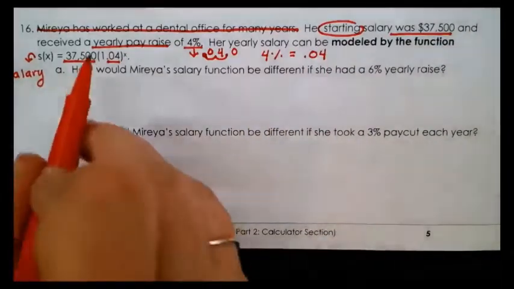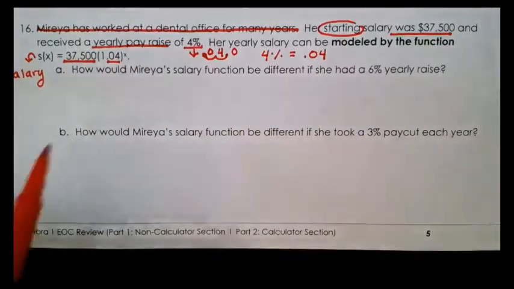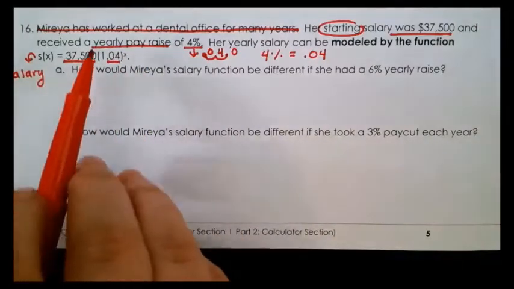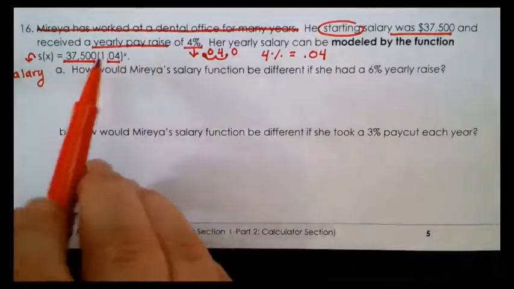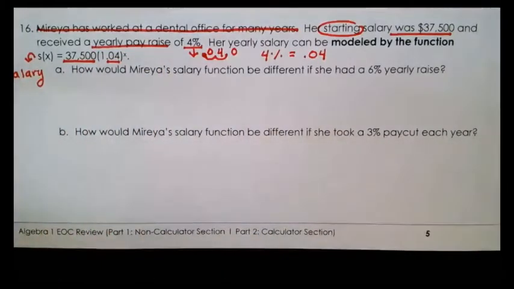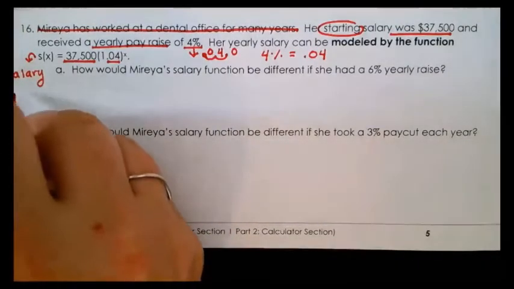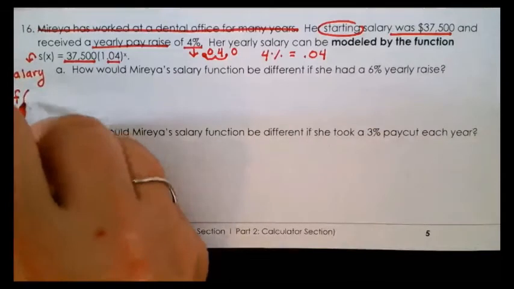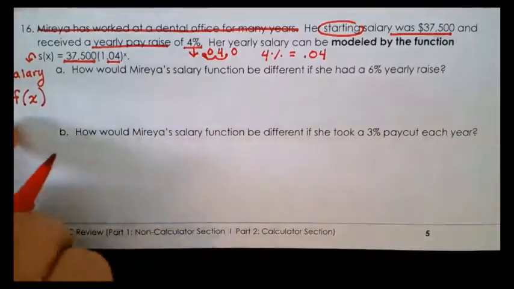Now, whenever you see things about yearly pay raises or yearly decreases, the word yearly and annually, they're telling you about a specific type of exponential function, a rate function. A rate function will look like this. It's going to say function of x, and it could be any letter here.